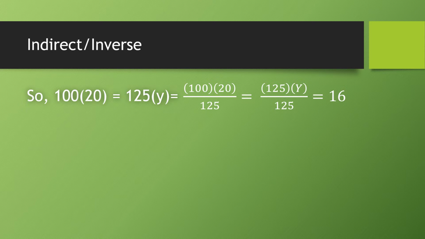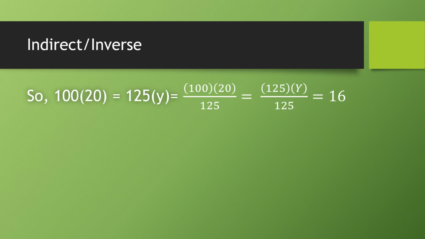And on the other side, on the y value, is the 125 PUIs and the unknown, which is y. So in this example, hindi natin gagamitan ng cross multiplication method or the means and extremes method. Sa pag-solve ng indirect o inverse proportion, kung ano yung nasa value of x, yun ang ating ipapag-multiply. At kung ano yung nasa value of y, yun ang ating ipapag-multiply.